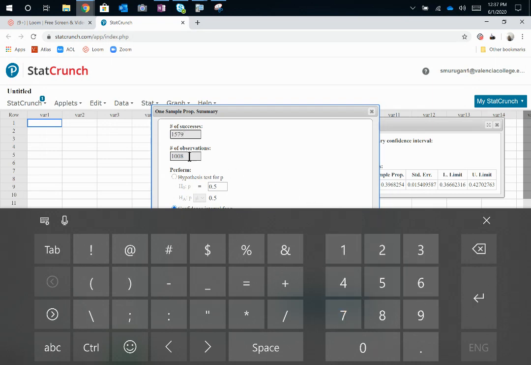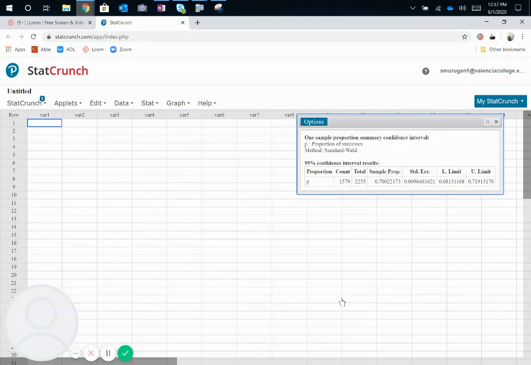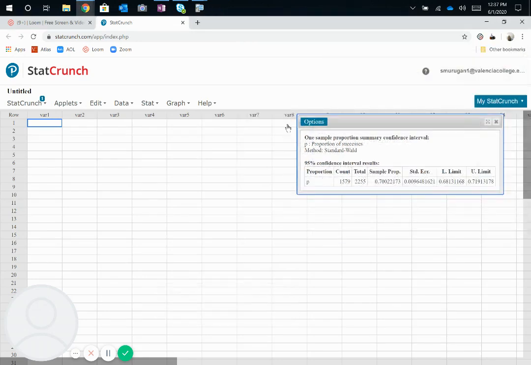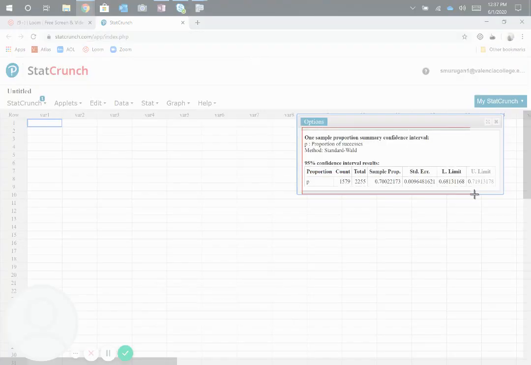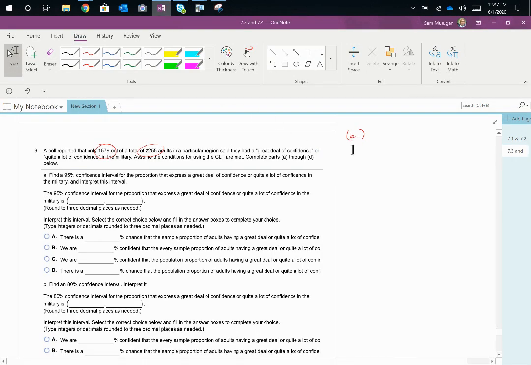And then for a second box, we're going to type in 2255. 95% compute. And let's snap this over. So we have, I'm going to put this in here.